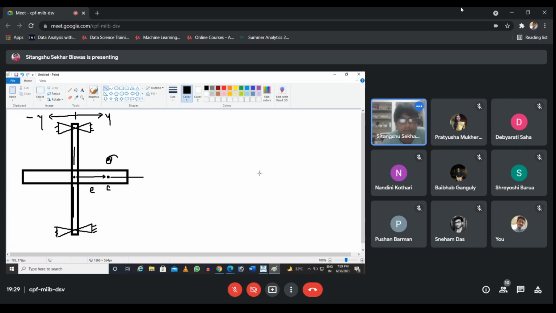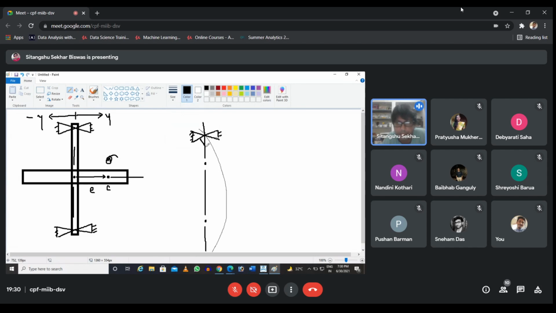Okay, so let us consider this is the center of the axis, and when this kind of thing is happening, naturally the rotor will be bent like this. Okay, it will be bent like this, and here is your bearing, and that side also a bearing will be there.